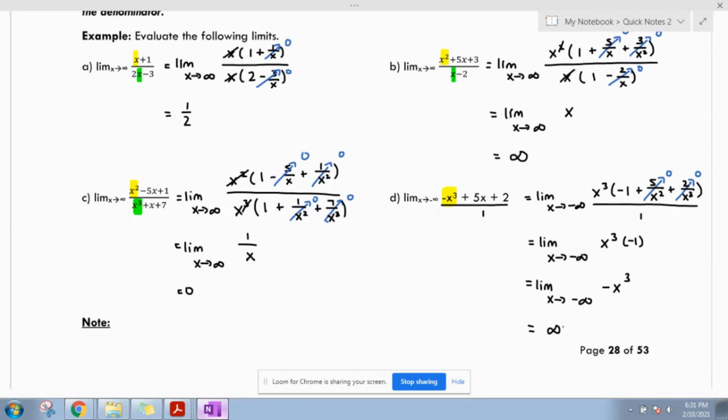Now, just as a quick note, I'm going to write it at the bottom here. When you are evaluating polynomials, oops, Miss Lynn forgot how to spell evaluate.